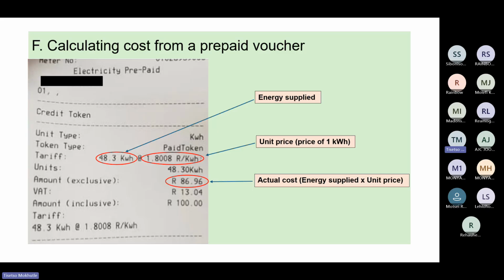So from that slip, if you multiply 48.3 by R1.80, you should get the cost. The actual cost is energy supplied multiplied by the unit price. And then obviously, they add 15% VAT to come to 100 Rand. But the actual cost is 86.90 Rand.